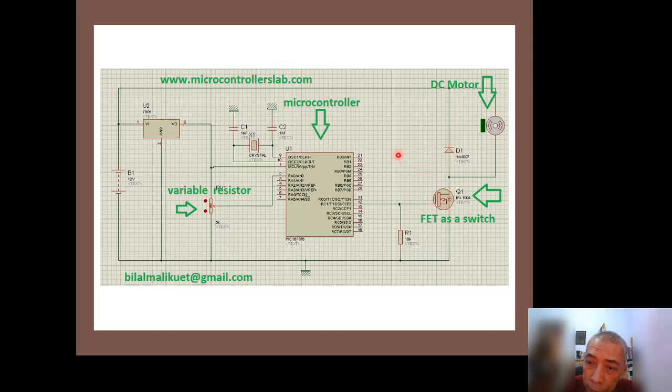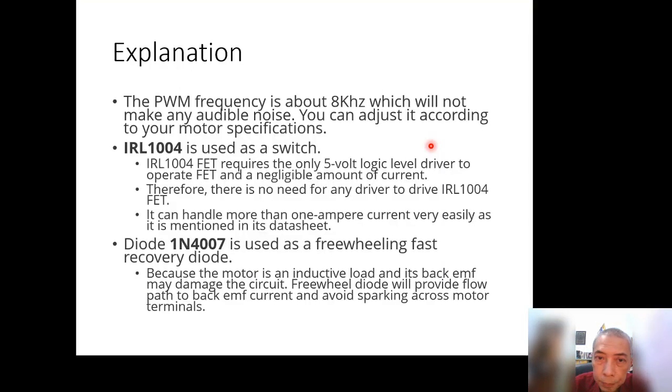So the DC motor cannot harm the microcontroller itself, because we already placed one diode parallel to the DC motor to anticipate the feedback current to this microcontroller. So it will be safe.